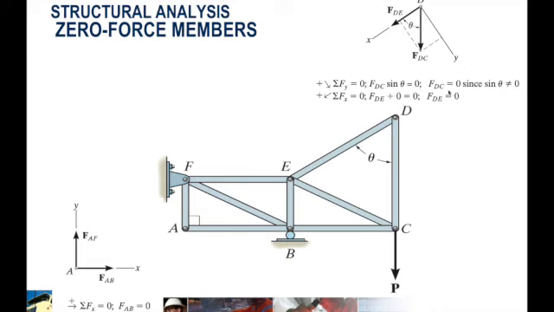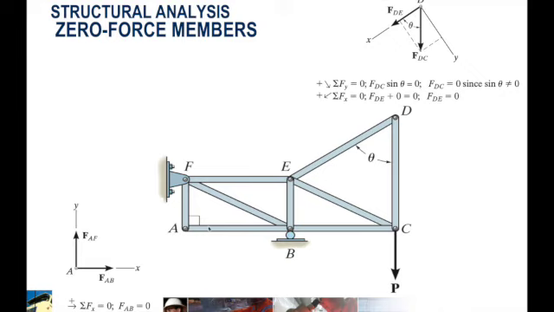So FDC would be equal to 0 since there are no other Y components. And if you do a summation of forces in X, since you only have FDE and the X component of FDC, which is 0, therefore FDE is also 0.